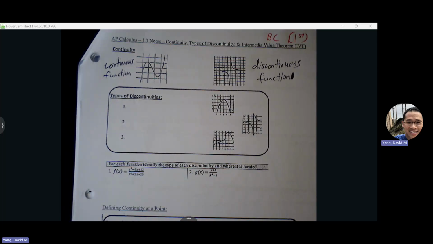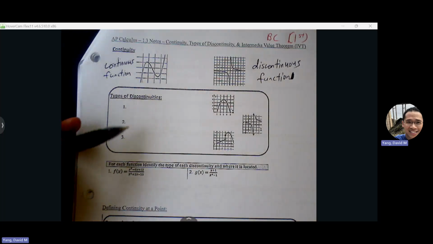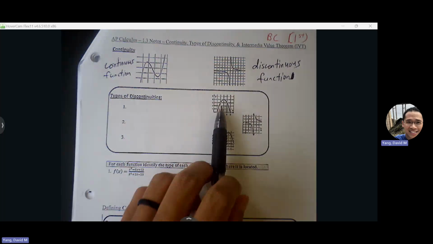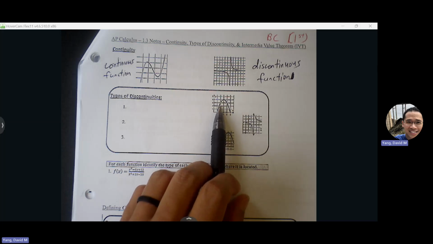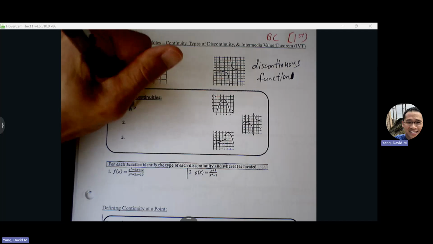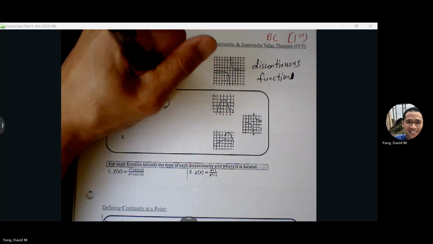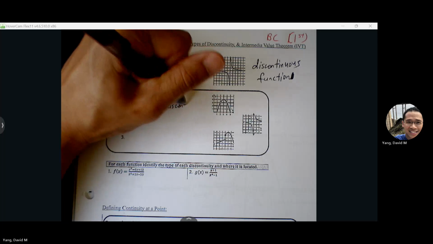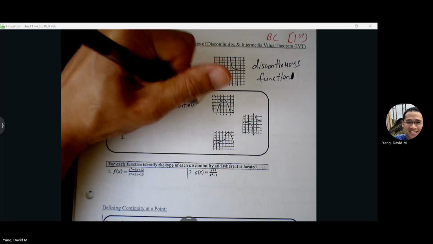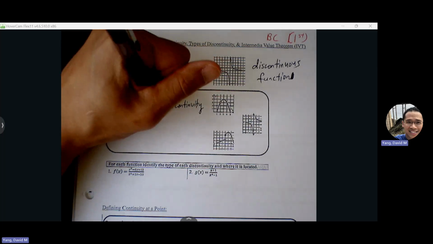Okay, we have a couple of types of discontinuity. So let me go through each of them. The first is if we have a hole in the graph where it's only 1 point away from being continuous, and we call that a removable discontinuity. So essentially a hole in the graph.